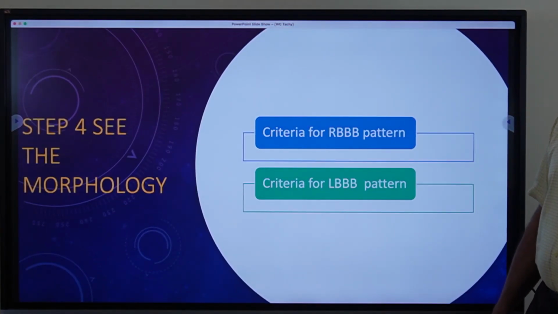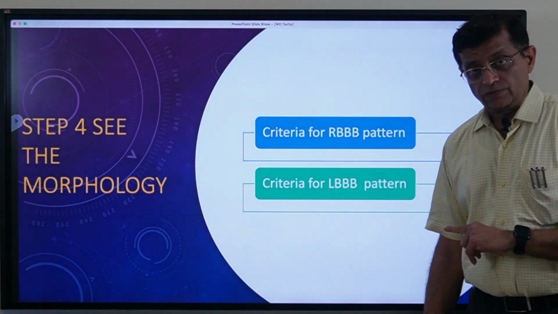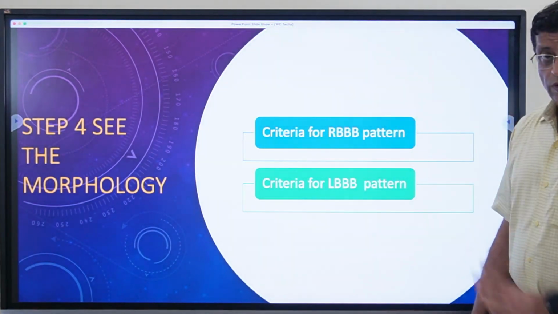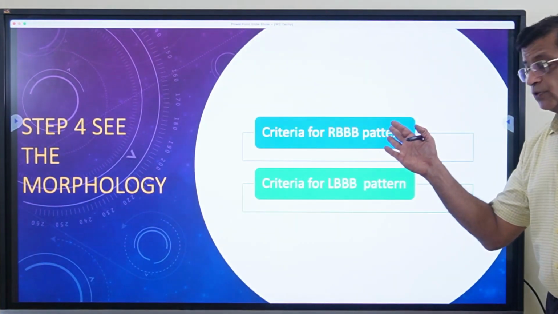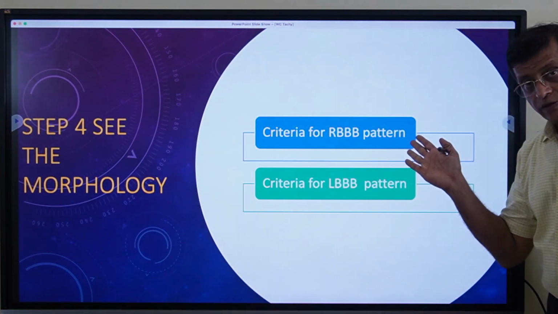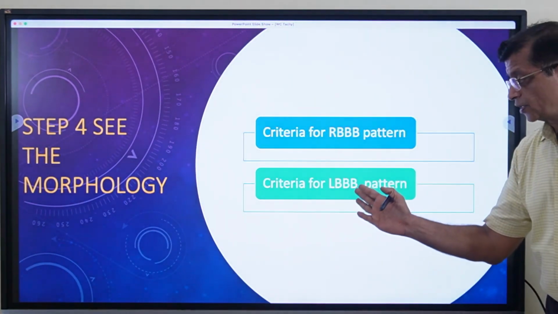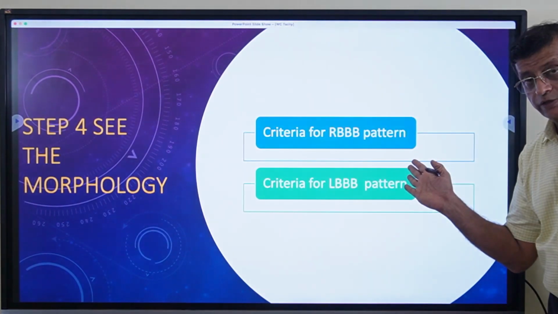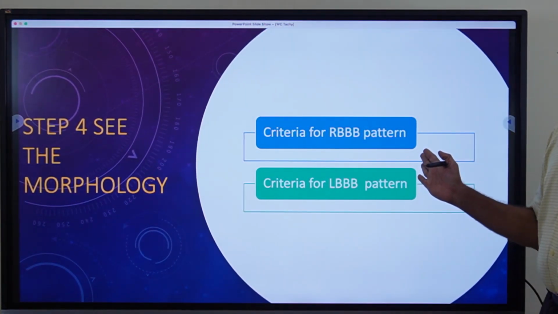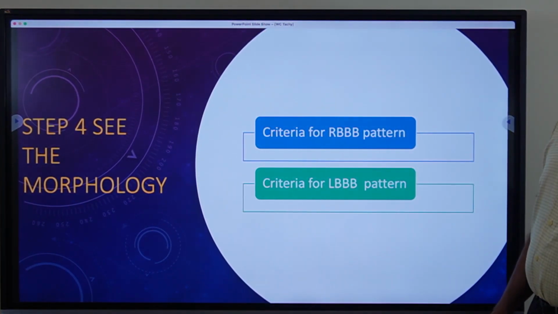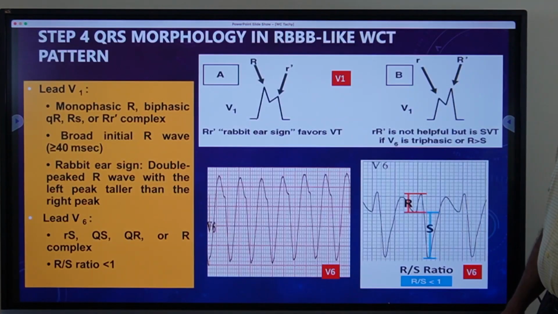Next, if AV dissociation is not seen, then we go to step 4. Step 4 has some criteria for RBBB like wide complex tachycardia and some criteria for LBBB type wide complex tachycardia. So let's go to these criteria.